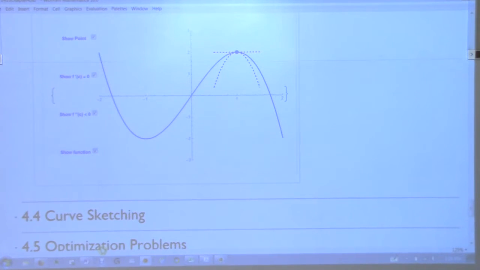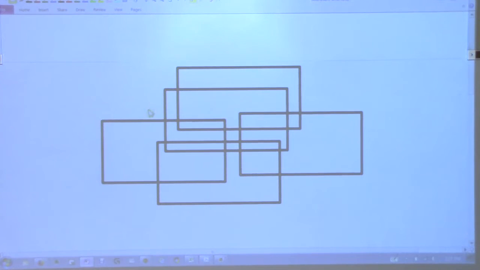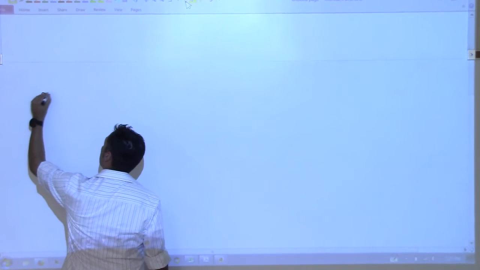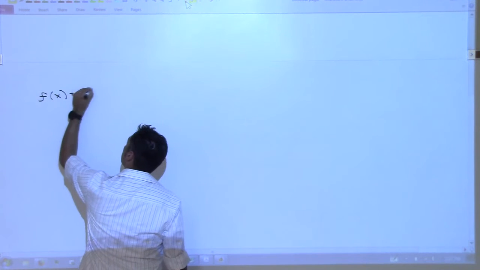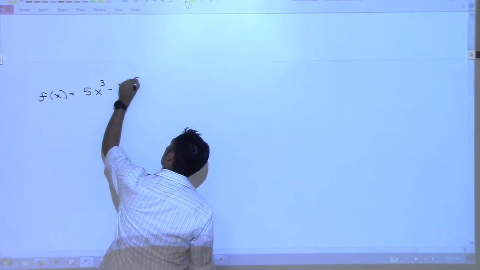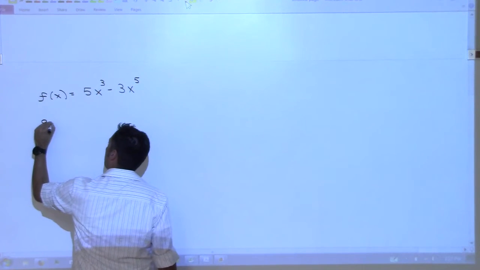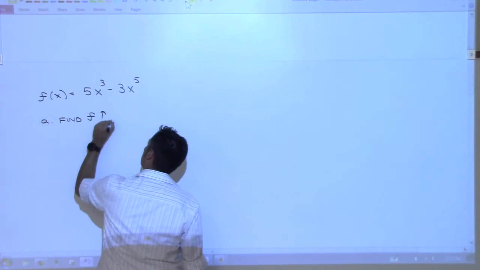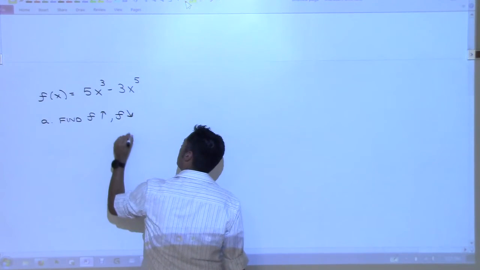So you know what? Let's do the quiz problem, but for the quiz problem, let's talk about the concavity. The original function was f of x equals 5x cubed minus 3x to the 5th. Part A, find where this function is going up and where it is going down.